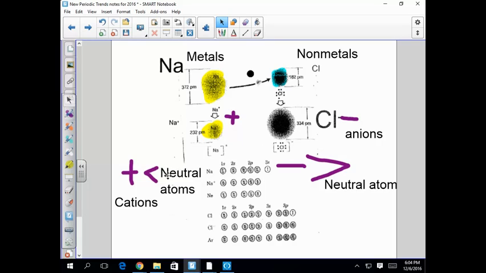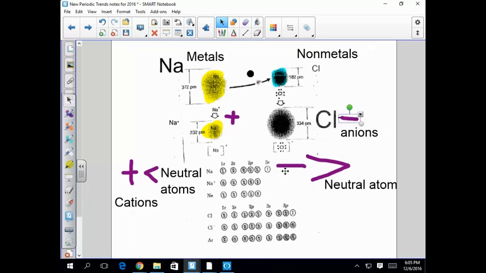And then when chlorine takes on the electron, we're going to call it chloride eventually when we get to naming, but the size of the atom is going to be bigger. Notice this is a 182, but with the extra electron, it's going to be 334. So anions is the name for negative ions.